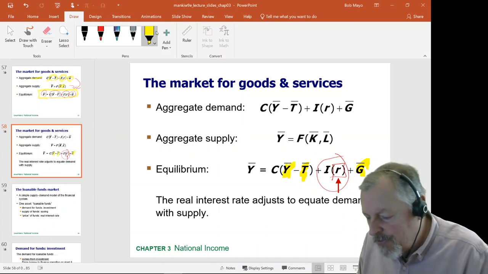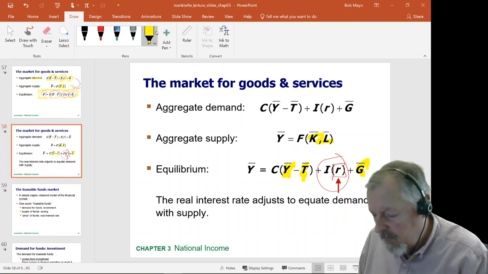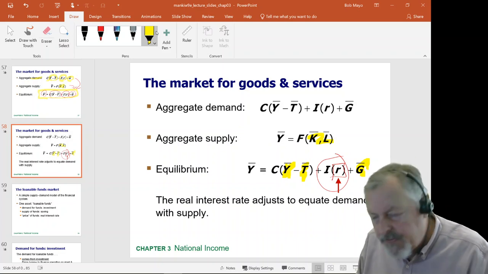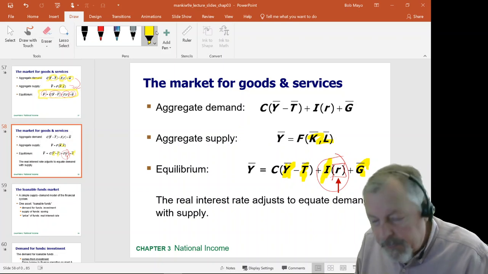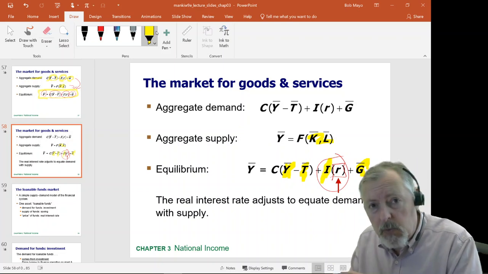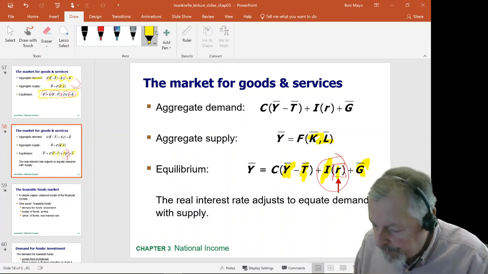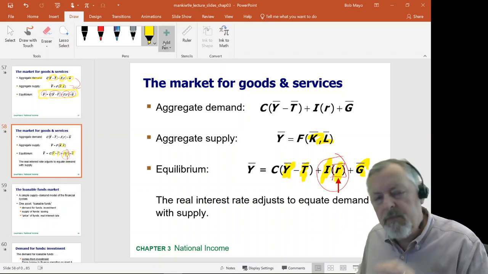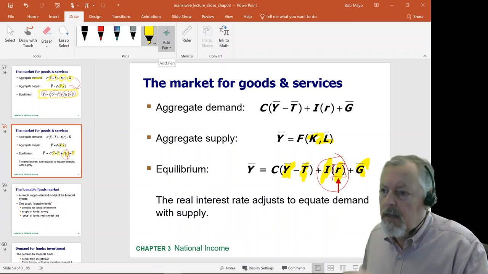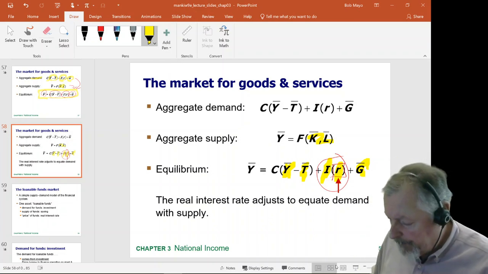Output, well, that's determined by capital and labor, so that's fixed because each of them is fixed. Therefore, the only thing that's free to vary is investment to bring this system into equilibrium. And the only thing in this model that determines investment is the interest rate. So it's the role of the interest rate to bring aggregate supply and aggregate demand into equilibrium.